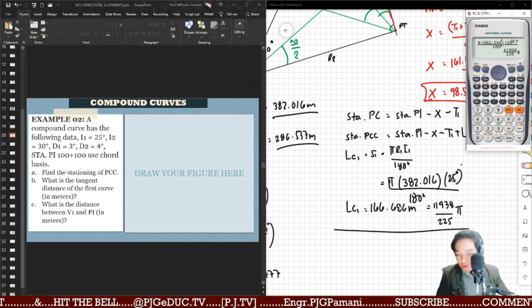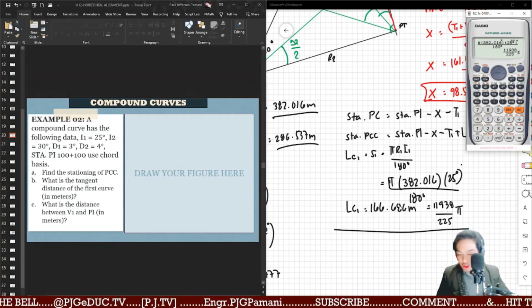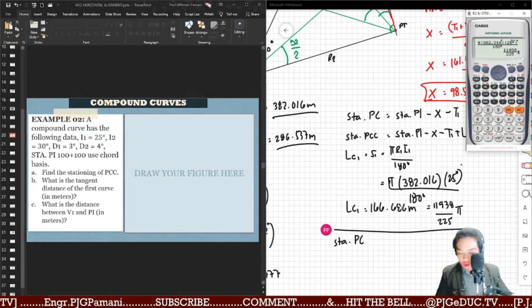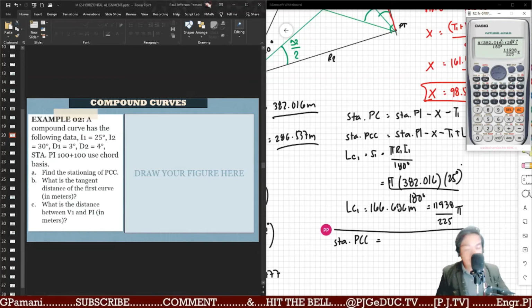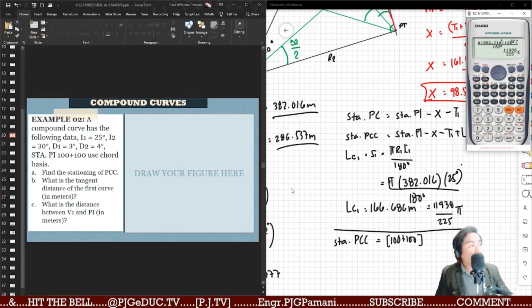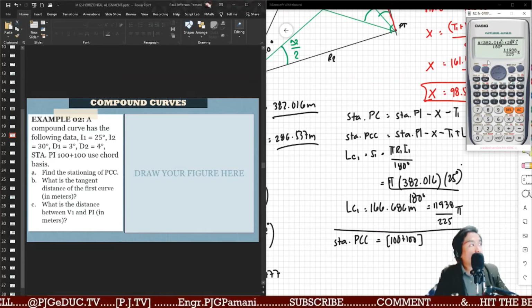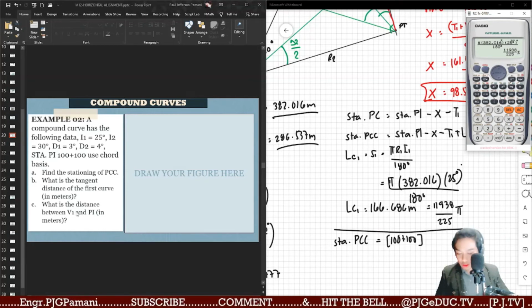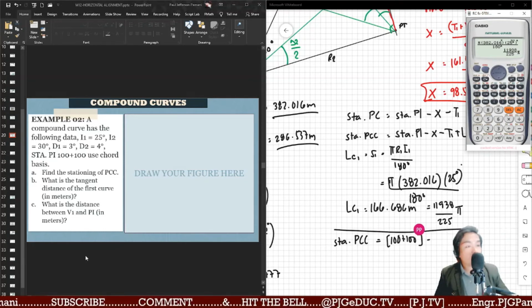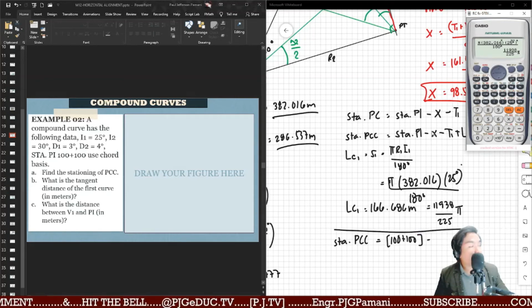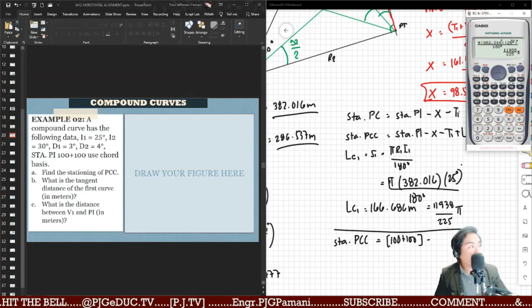Station PCC. Substitute all known variables. Station PI is 100 plus 100, minus the X distance, which is 98.558.